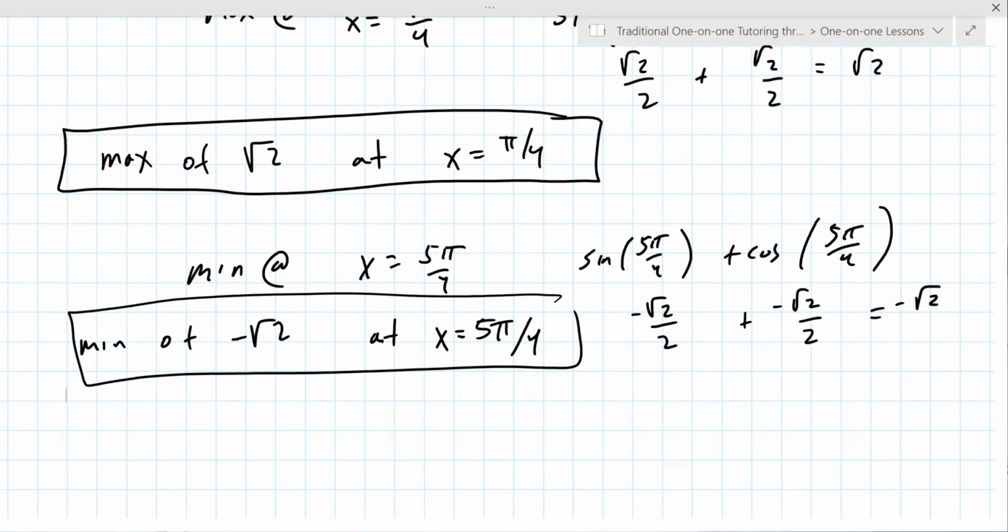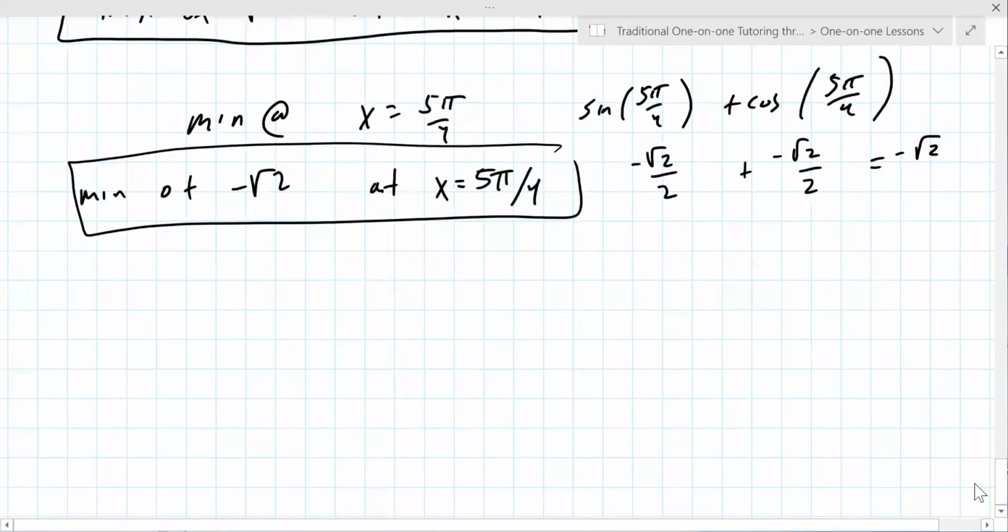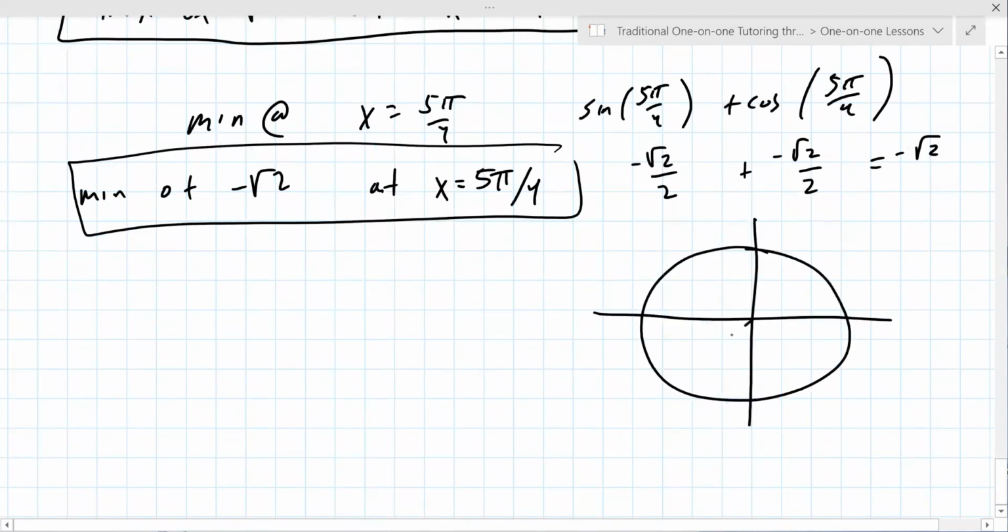So why is it equal to negative square root of 2? Over here on the right. Yeah, you have to evaluate the original function. Sine of 5 pi over 4 plus cosine 5 pi over 4. Could you just go through the process real quick of how it's? Sure. You're just looking at the unit circle. So again, if you don't have your unit circle down, you're gonna hate this. But I'm talking about when adding those two.